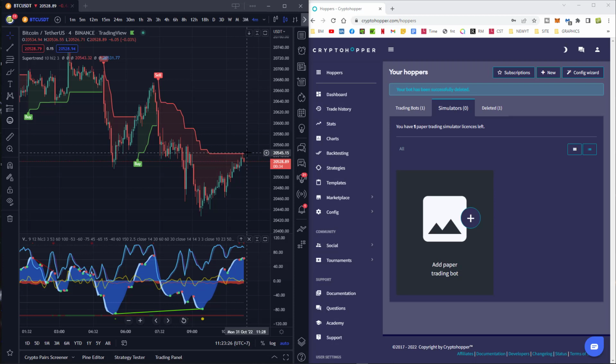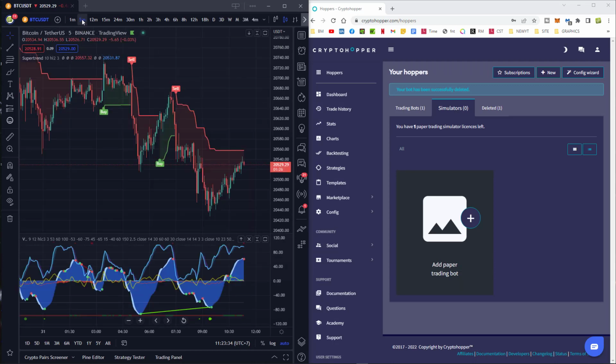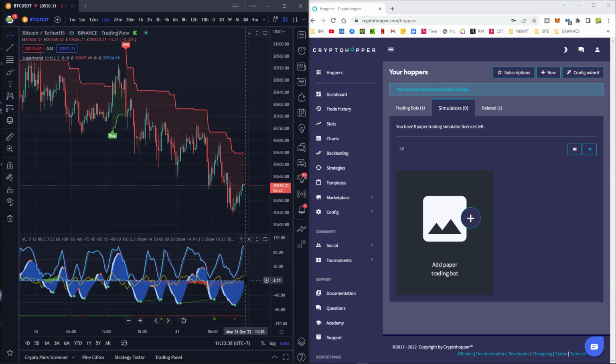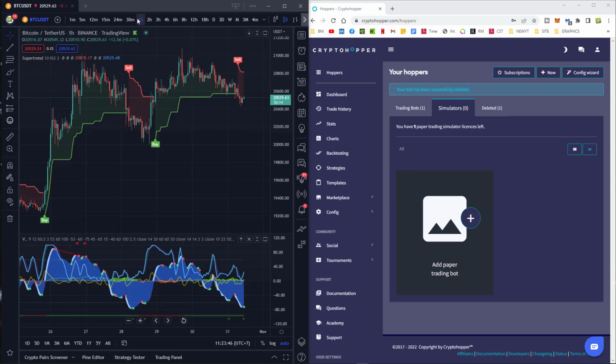Again, it's going to get up to about there. We've just had a red dot printed there. So to the 5, and got a red dot. 15 minute. Alright, so back to the 1 hour.